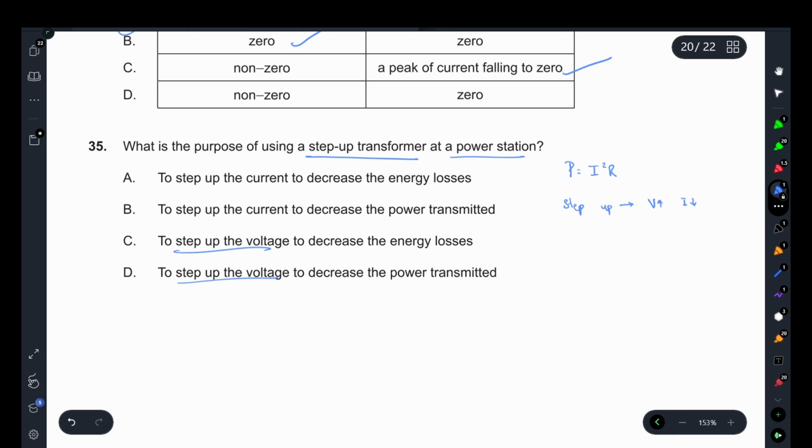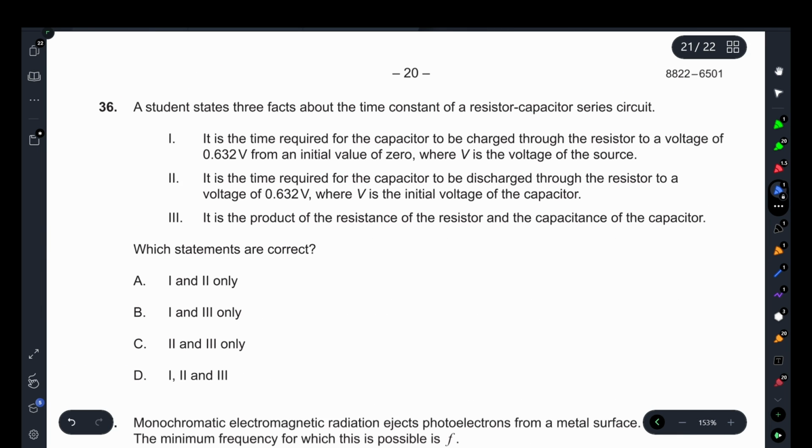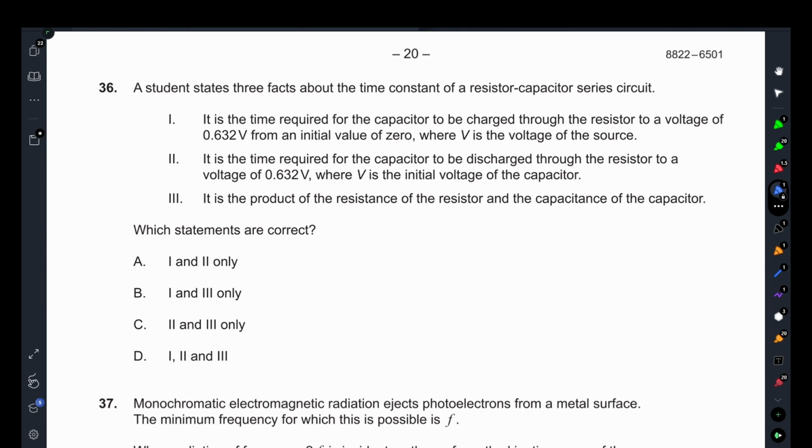This means that voltage is stepped up, not the current, so these two are incorrect. And when you increase the voltage, you decrease the current. That means since power loss is proportional to I squared, a decrease in current will decrease the power loss. So energy loss is decreased. Question number 35, option C is the correct answer.